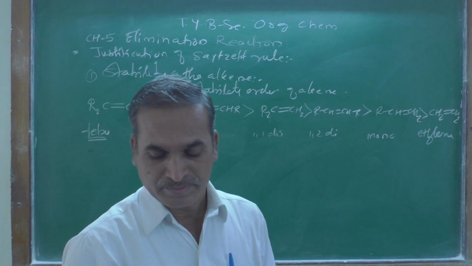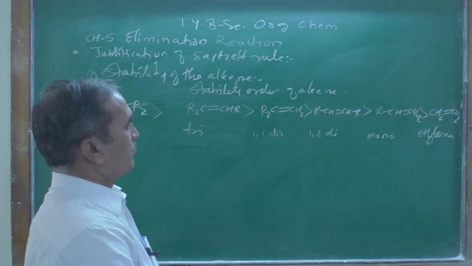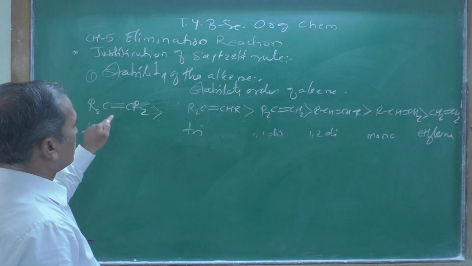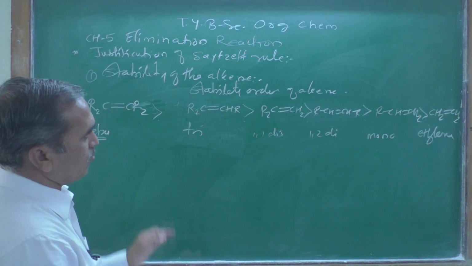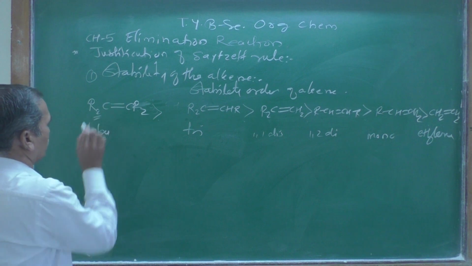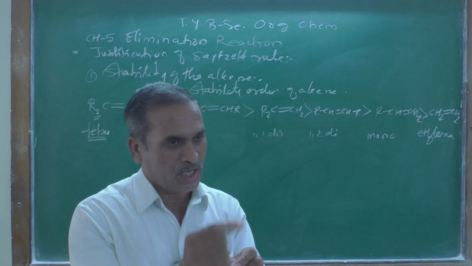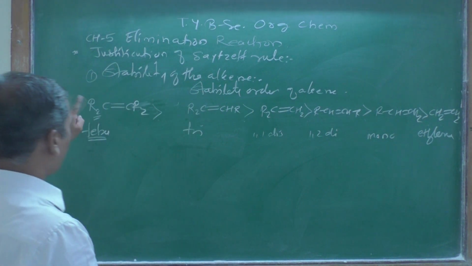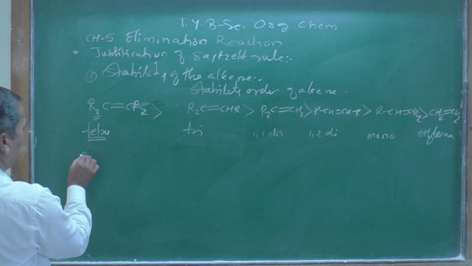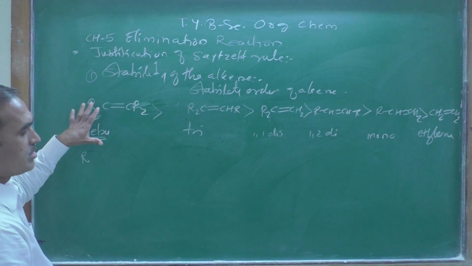And what are the things required? Let us see why one is more stable or reactive. Look at here, R group, this is an alkyl group.